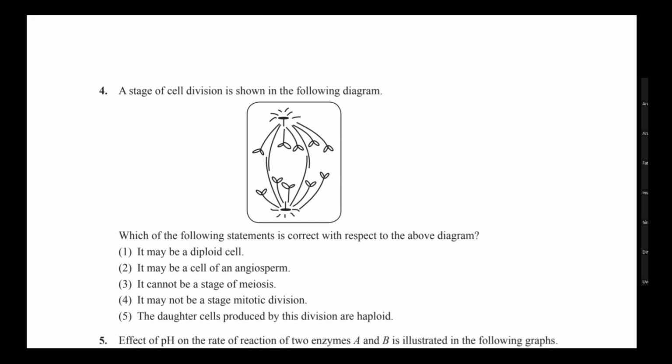Then if it starts from 2n, then daughter cells will be n, right? And if it is mitosis, if n comes, it stops at n, right? If 2n, it goes to 2n. But the most suitable answer is the first answer.